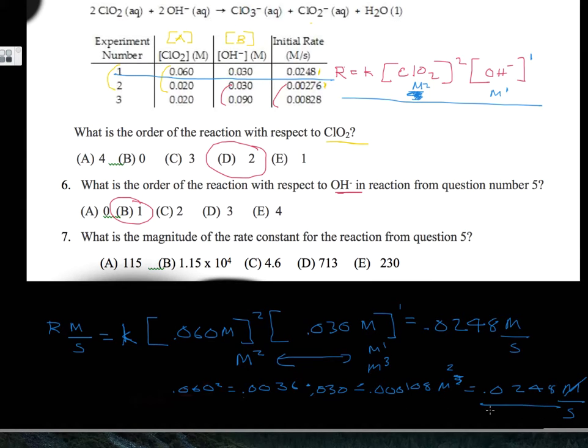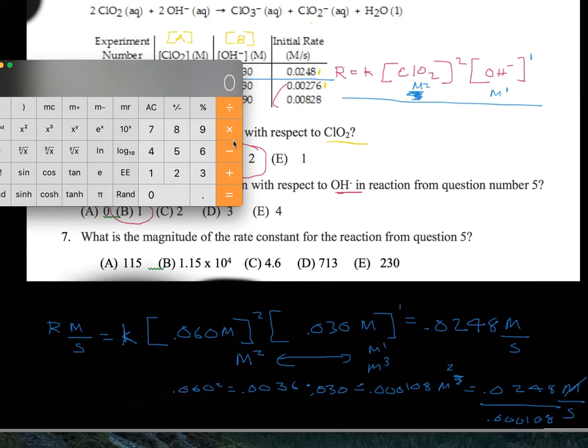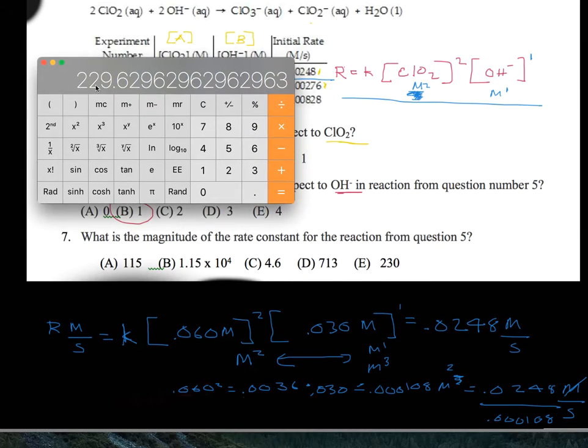If we divide this by 0.000108, let me do that, 0.0248 divided by 0.000108 will give us 229.629.